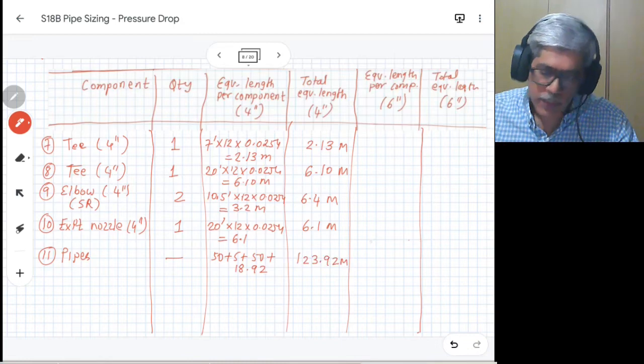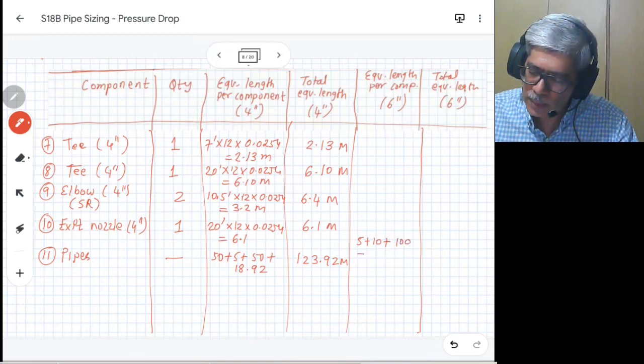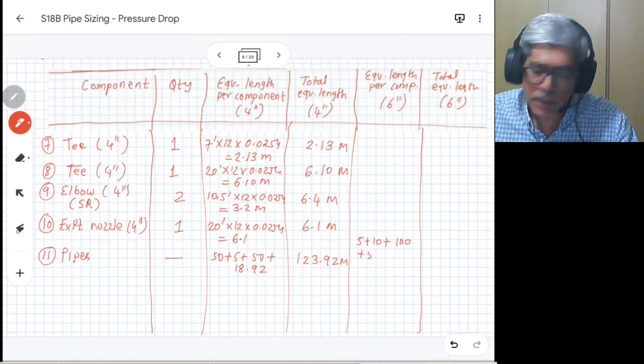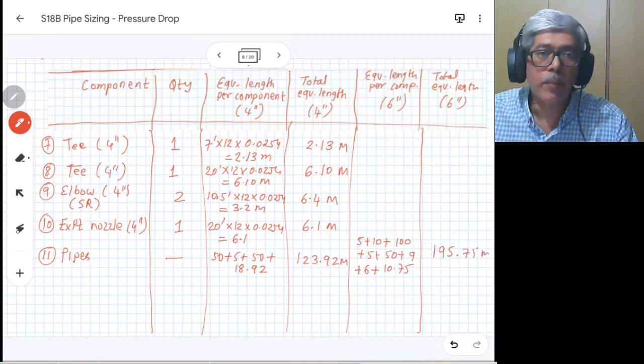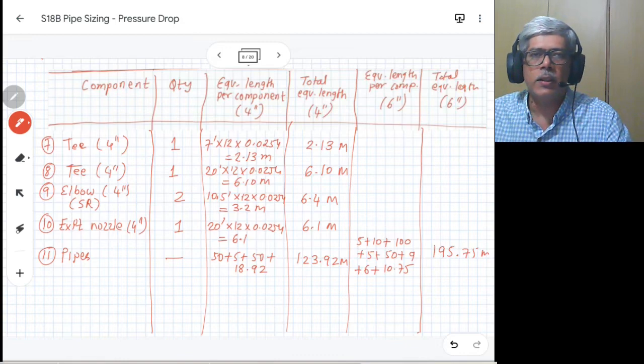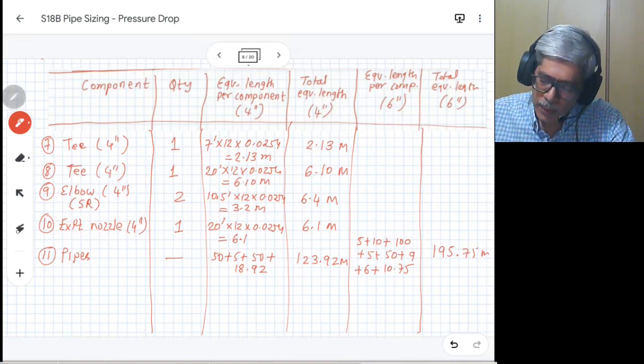And if you add for the 6-inch, it is 5 plus 10 plus 100 plus 5 plus 50 plus 9 plus 6 plus 10.75. So that corresponds to 195.75 meters.